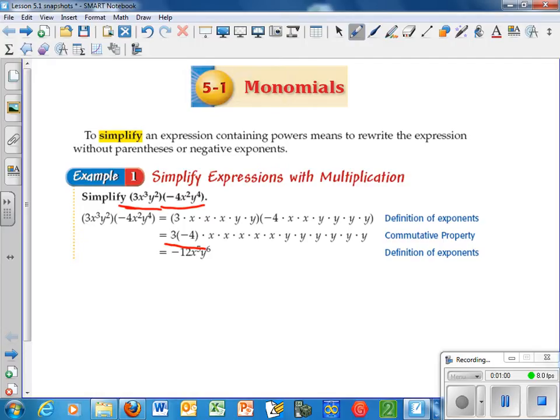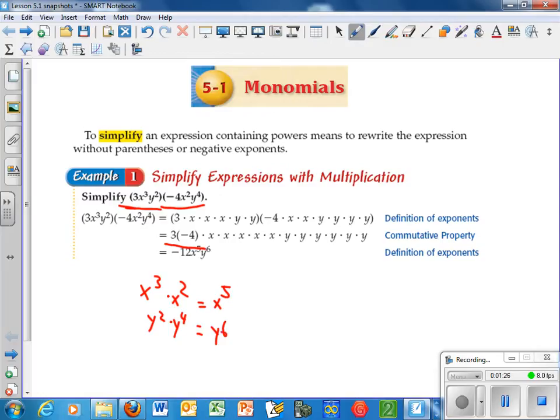Then you multiply x cubed times x squared, which gives you x to the fifth, and then you multiply y squared times y to the fourth, and the product rule says you add exponents there, so that's going to be y to the sixth.